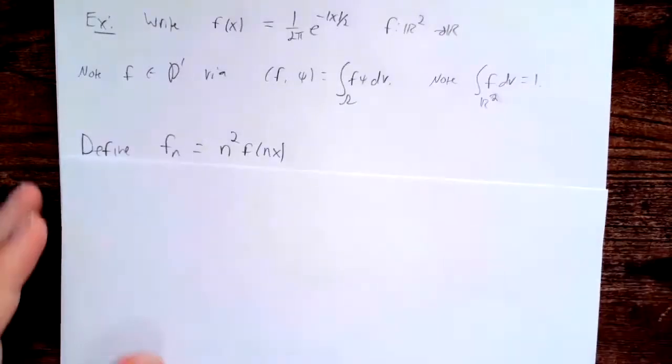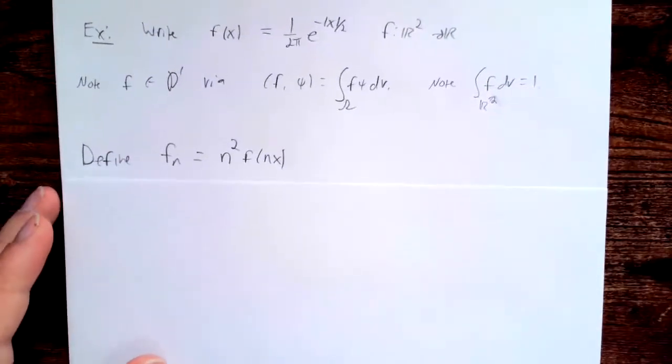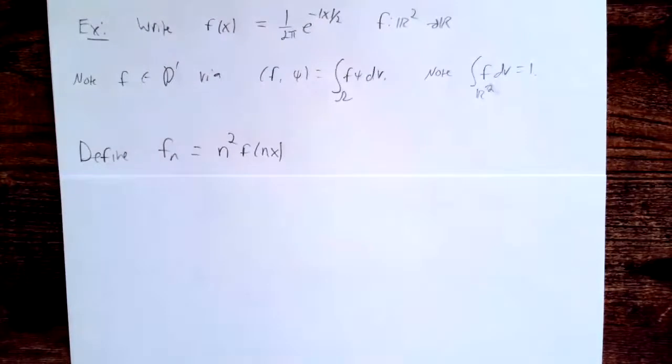Now, let's kick it up a notch. So define the sequence f_n as follows. This is basically a change of variable. So I'm scaling the function, I'm scaling the domain. I'm doing like a horizontal shrink by a factor of 1 over n, if you like, so focusing in on 0.